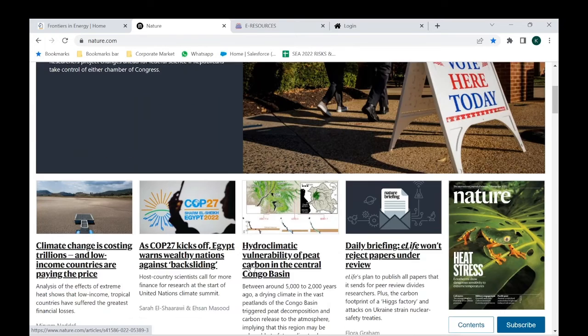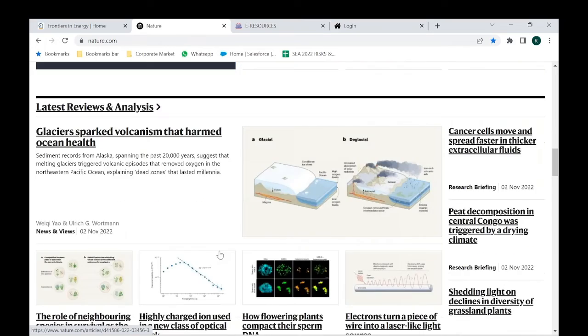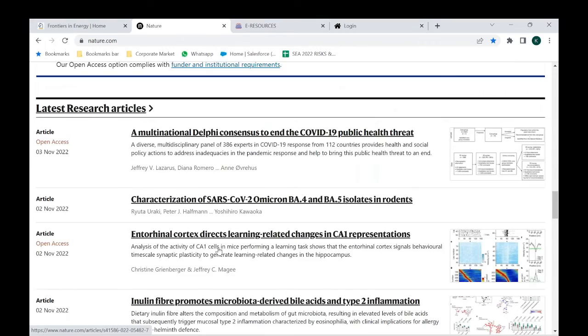So if Nature were to only publish the very serious articles, as I'm showing here, for example, a lot of these may just mean jargon and are not easily understood by most people.